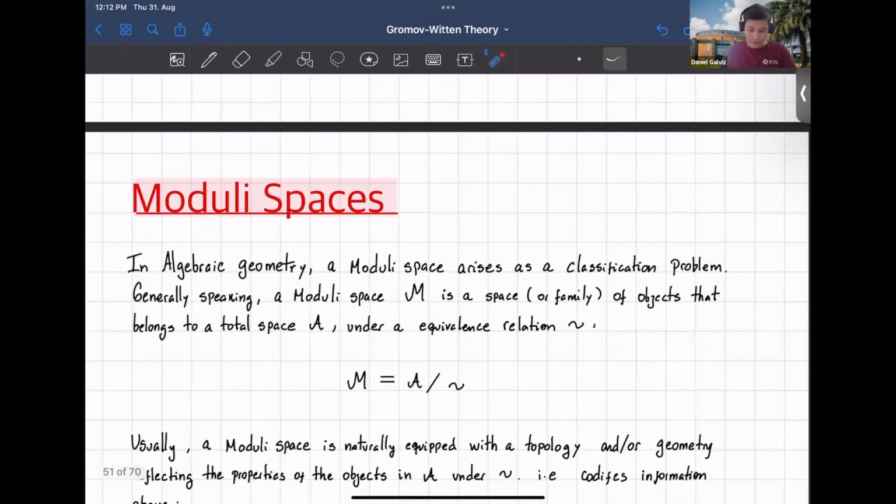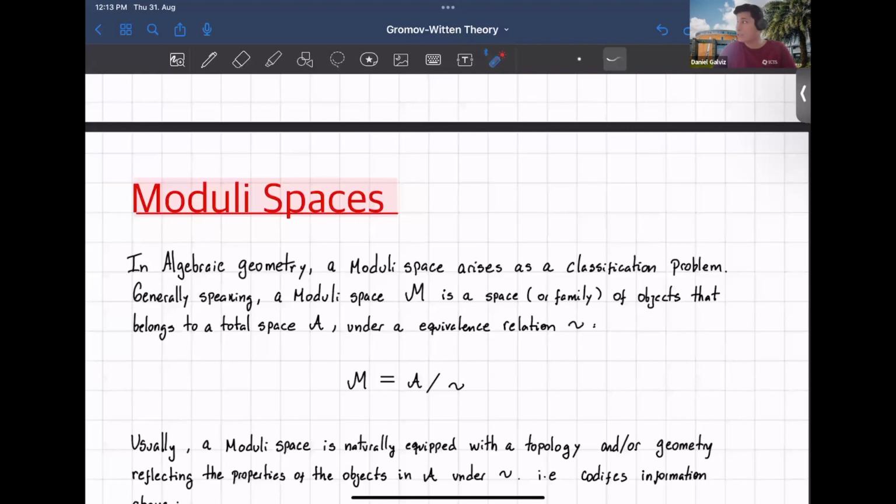In algebraic geometry, a moduli space arises as a classification problem. Generally speaking, a moduli space M is a space or a family of objects that belong to a total space A under an equivalence relation. In our case, in the string theory case, we have this total space as the space of Riemann surfaces up to topological characteristics fixed.